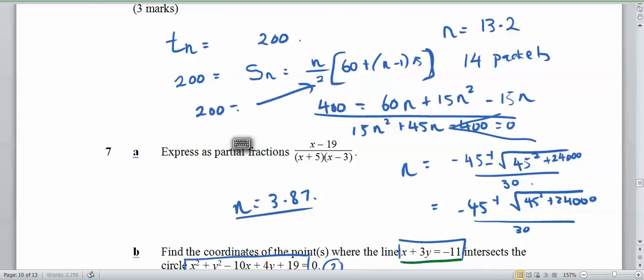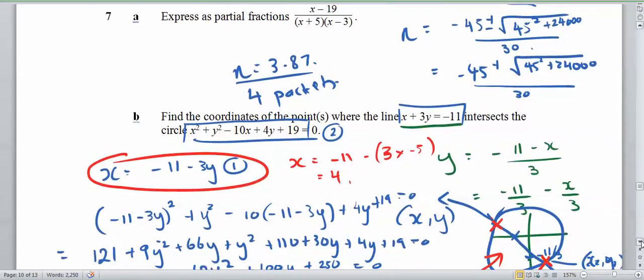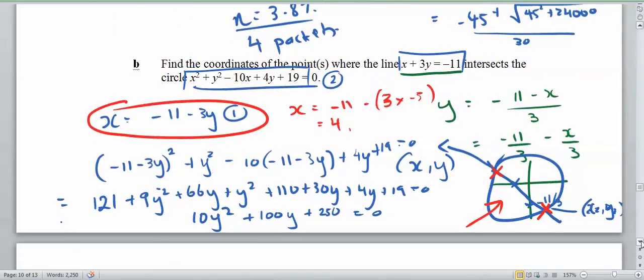So therefore she needs to buy 4 packets. Now, if I see you guys just taking a guess and just working it out, I won't give you any marks. You need to show it mathematically. All right. So look, I think I'll stop there. I think I've done enough there for you.